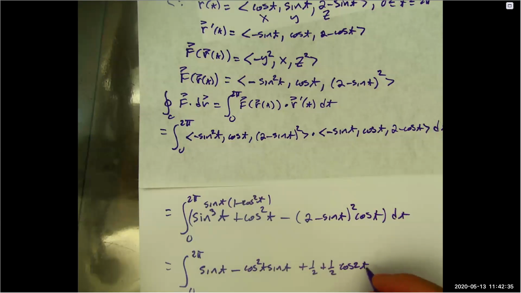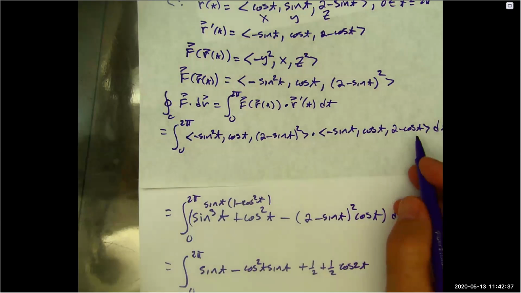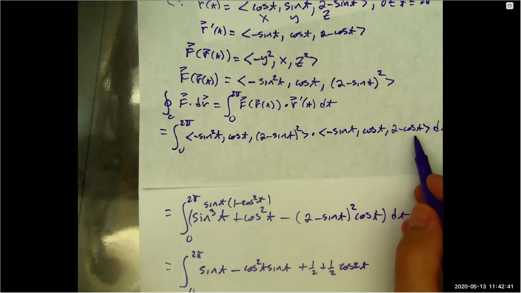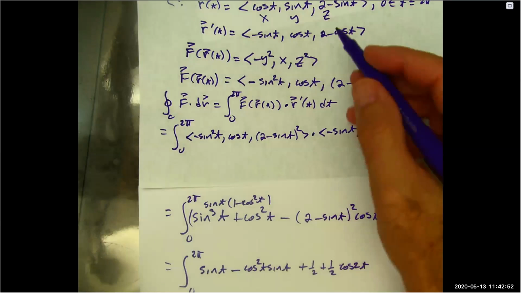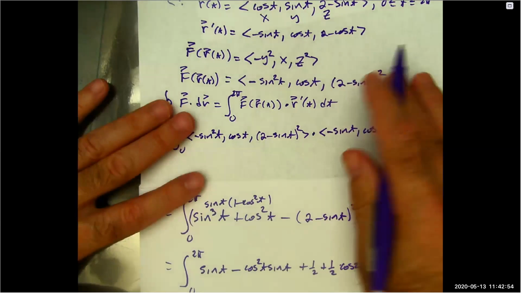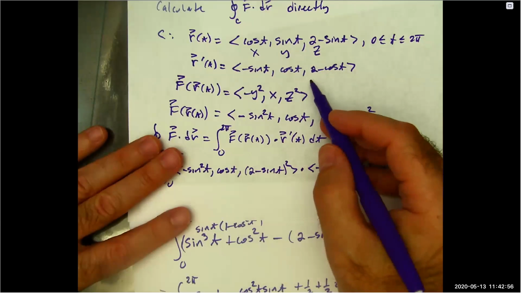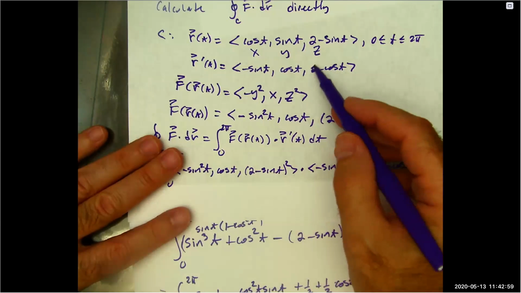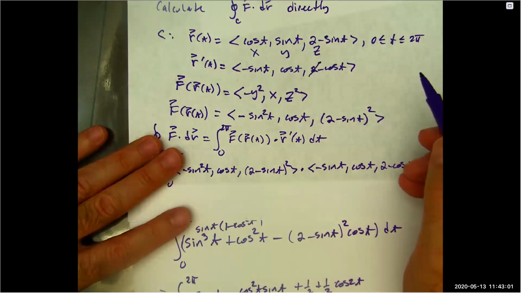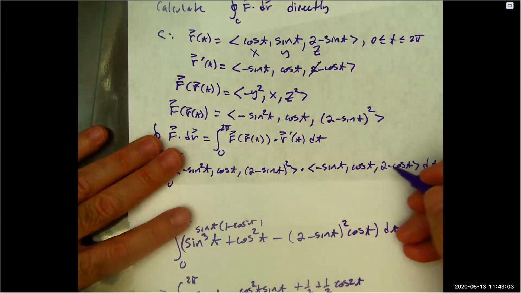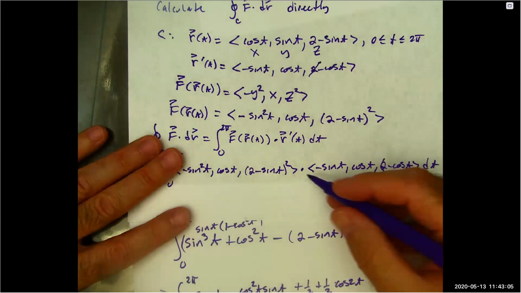And then this last part, let me just double check this here. Oh, this 2 is not there, sorry. When I took the derivative, the 2 is 0. That's my mistake there. So that should be gone. When you're multiplying, you're just multiplying it by negative cosine.